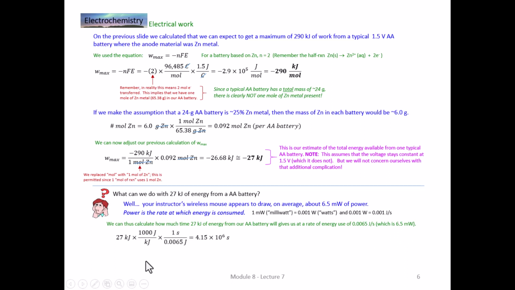The way I'm going to do this is I'm going to say 27 kilojoules times the fact that there's 1,000 joules in a kilojoule times the fact that it takes 1 second to use 0.0065 joules at that power rating, gives us 4.15 times 10 to the 6 seconds of time.